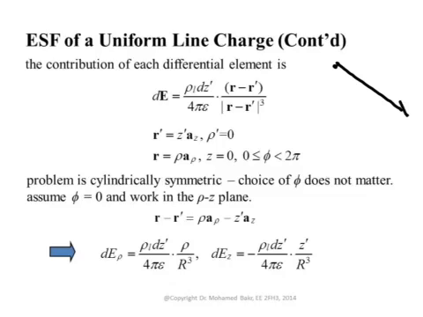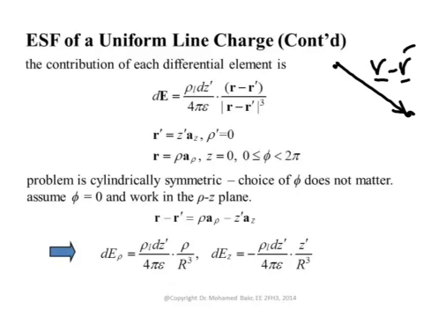So if I'm observing the field at this point here, this one here is r minus r dash. R dash is the position vector of the element on the wire, and r is the position vector of the observation point here. And of course, as we know from Coulomb's law, if you put the complete vector in the numerator, you put the modulus cubed in the denominator.